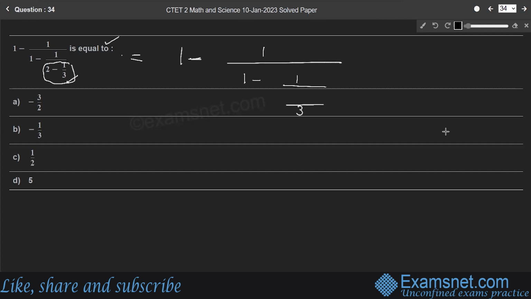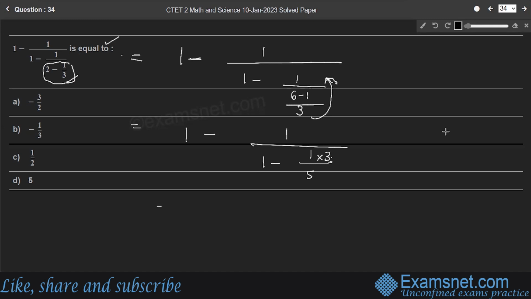So 3 into 2 is 6, minus 1 will be the numerator. So it becomes 1 minus 1 divided by 1 minus 1 by 5 by 3, 5 by 3. So the 3 goes to the numerator, the denominator of the denominator goes to the numerator.